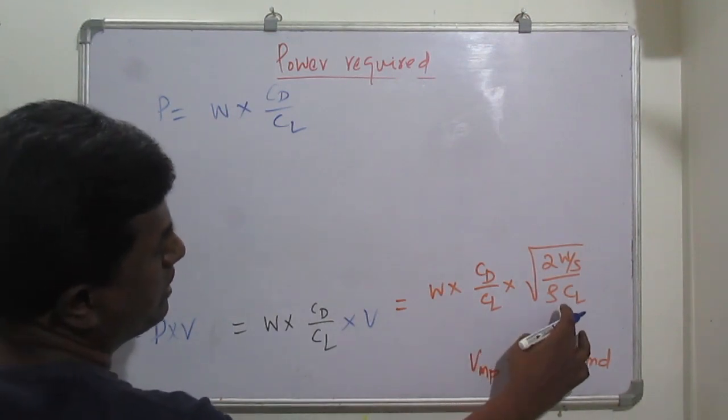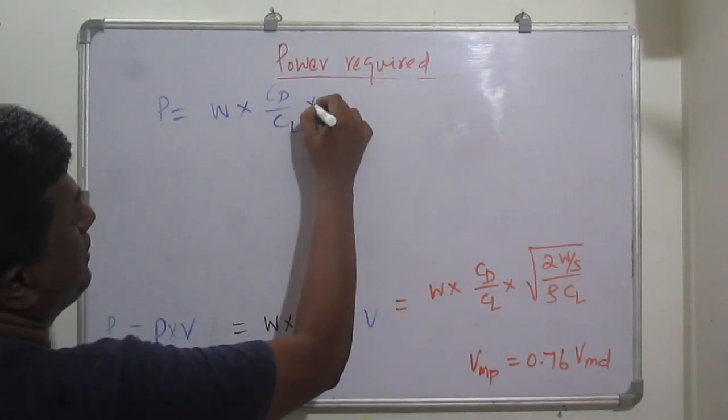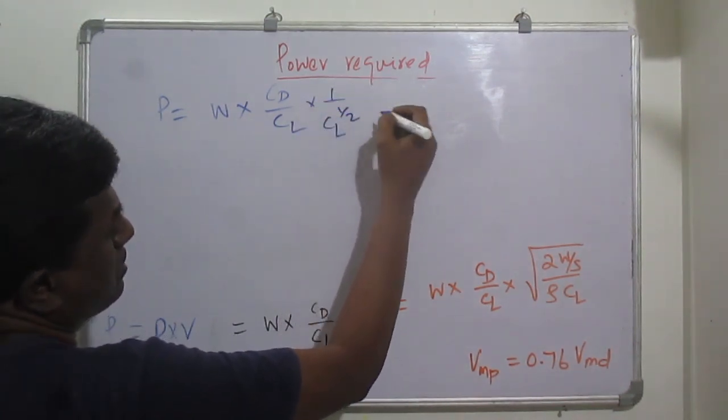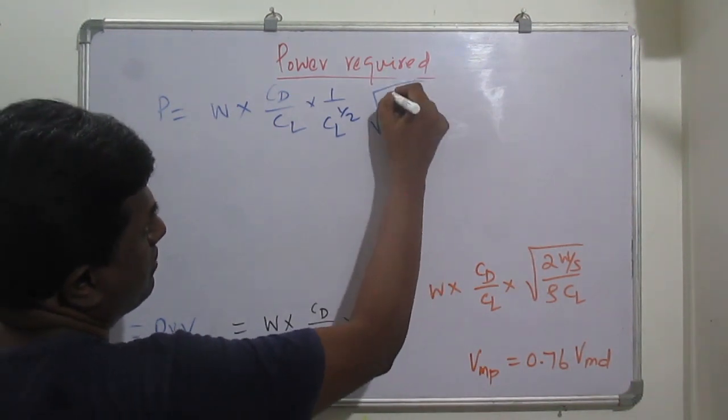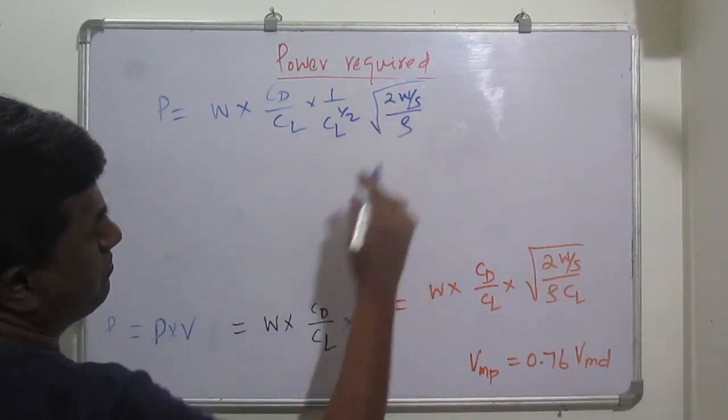Actually here one more CL is there, so we can take out that CL also, that is CL power 1 by 2. The rest of the term will be as it is, that means 2W by S by rho.